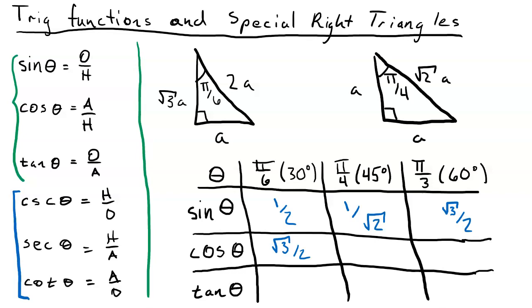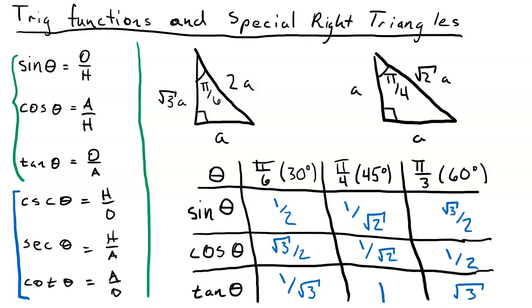Cosine of pi over 4 is 1 over square root 2 as well. And cosine of pi over 3 is going to be 1/2. For tangent, we are going to have 1 over square root 3 for pi over 6. We're going to have 1 for pi over 4. And we're going to have square root 3 for pi over 3.